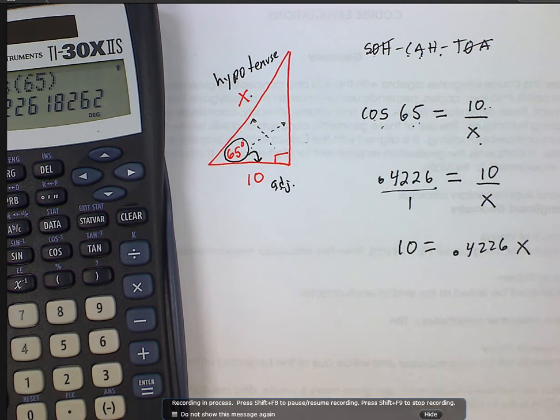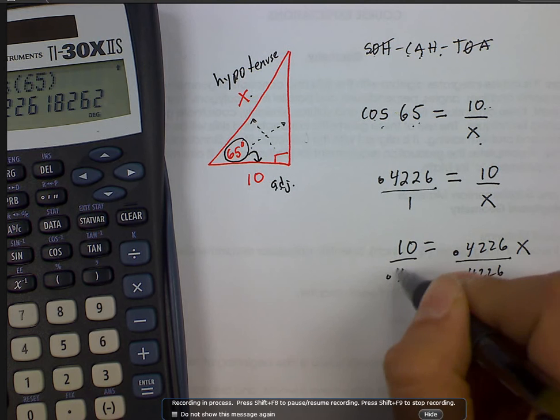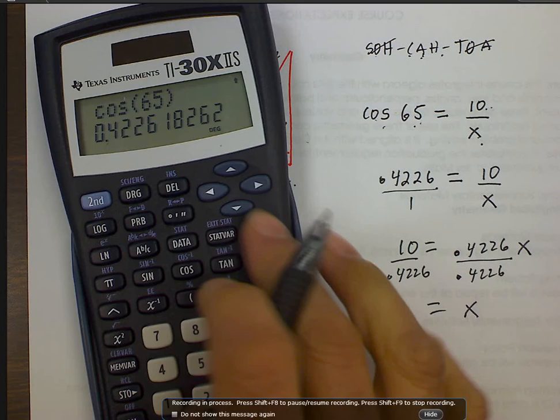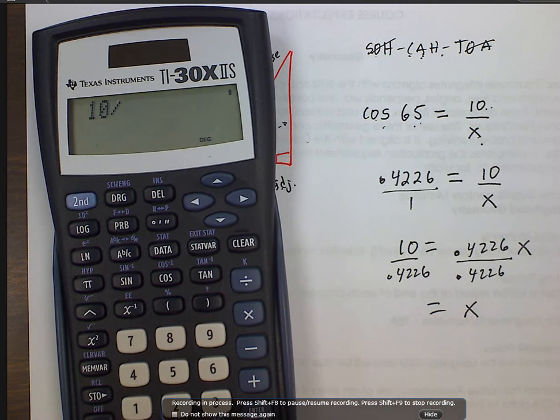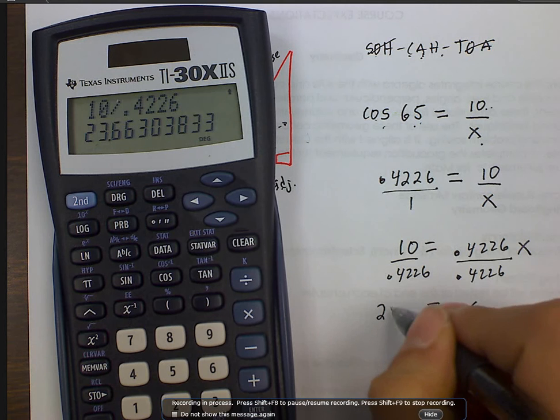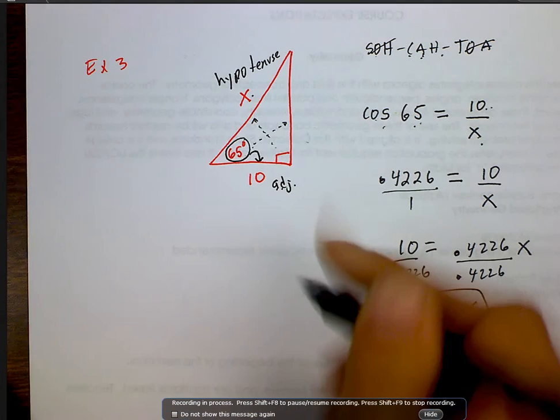Let's divide each side by 0.4226. So 10 divided by 0.4226, you are getting 23.7. So that is the value for your hypotenuse, 23.7.